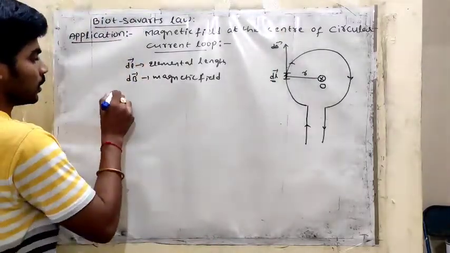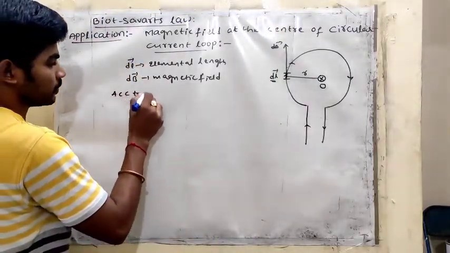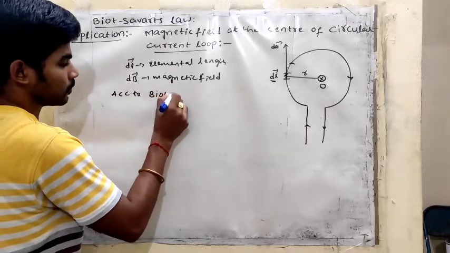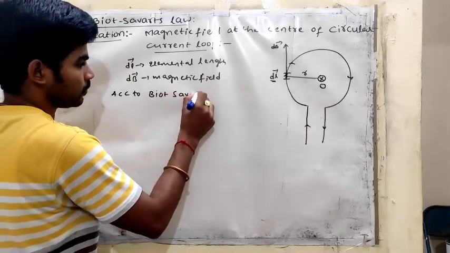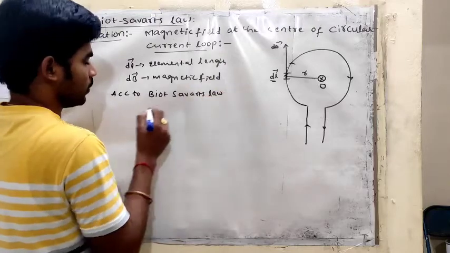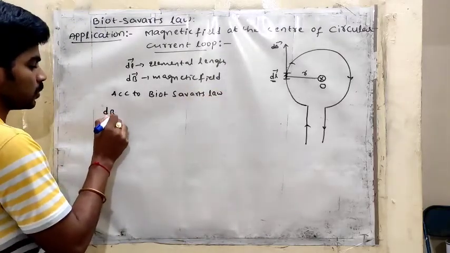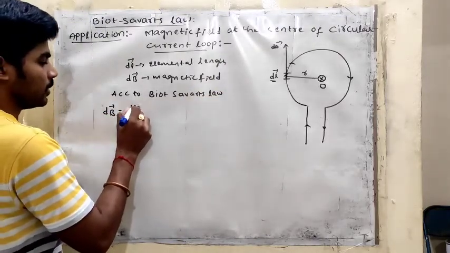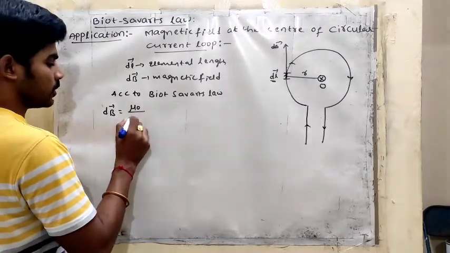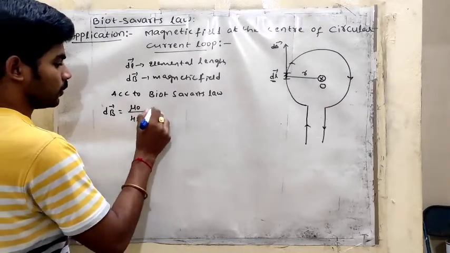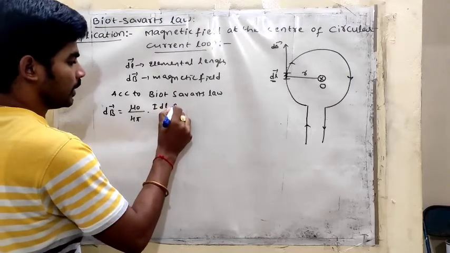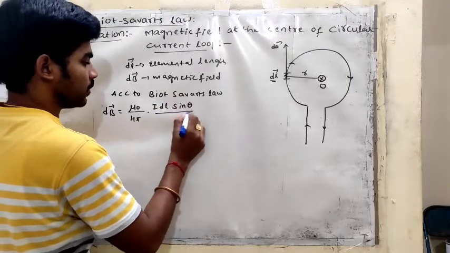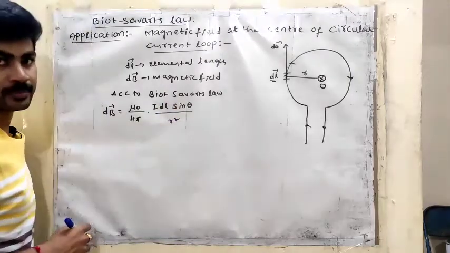According to Biot-Savart's law, what is the formula? dB bar is equal to mu naught by 4 pi into I dl sin theta by r square.